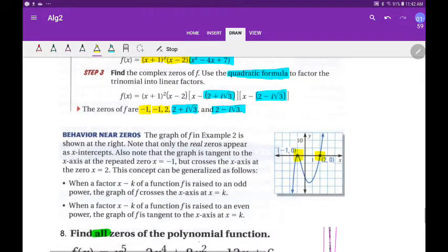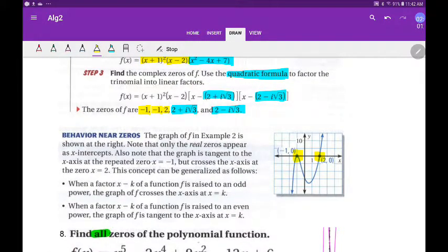But just think about this. If my factor is raised to an odd power, like, let's see here, x to the -2, that's raised to an odd factor, right? Normally, we have factors that are raised to 1. Well, 1 is odd. If it was x to the 3rd, that'd be odd too.